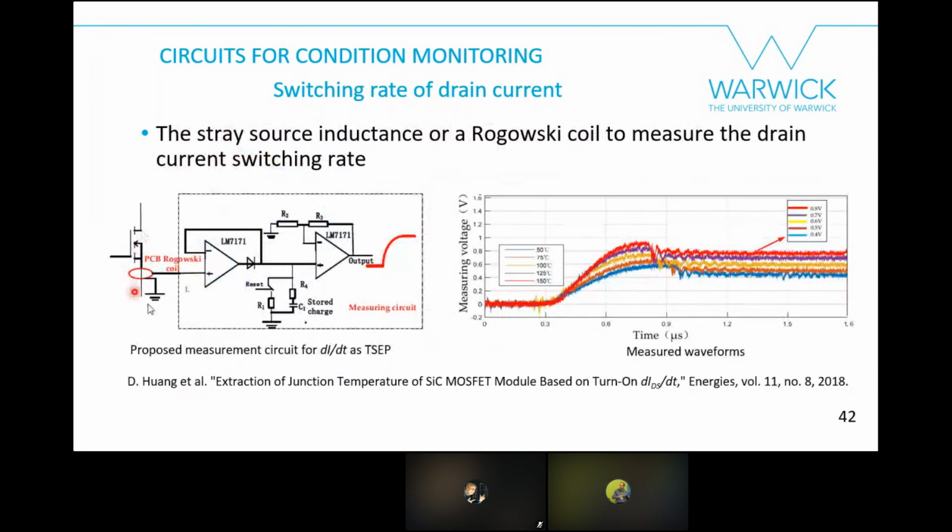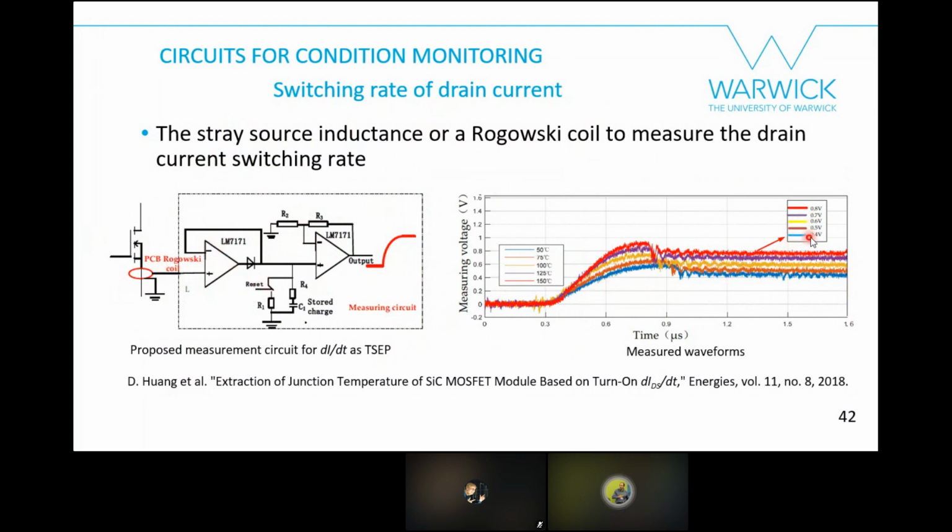Some people propose circuits to use this parameter, and they use the stray source inductance or a Rogowski coil to measure the drain current switching rate. They propose a peak detector and an operational amplifier, and they were quite successful using this circuit with the right switching rate, the right gain and this circuit design.